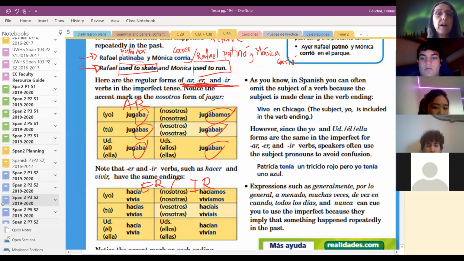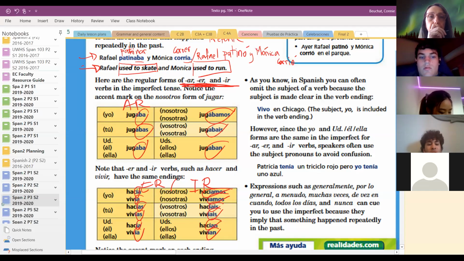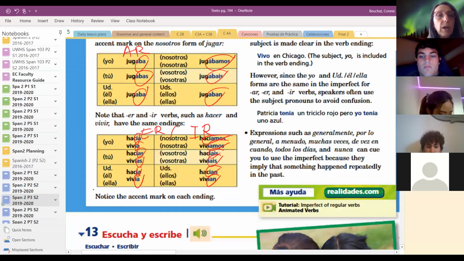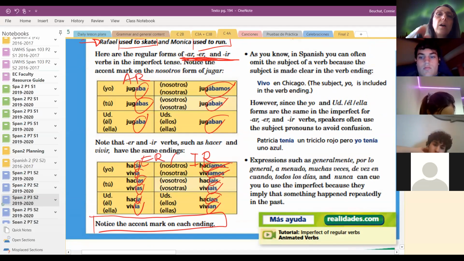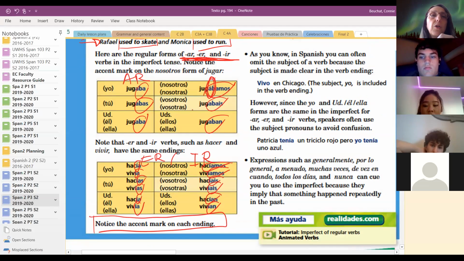And then ER and IR is ía, ías, ía, íamos, íais, ían. So in the ER and IR, every single person has an accent in the imperfect. Always. In the AR, the nosotros form has an accent for the imperfect.